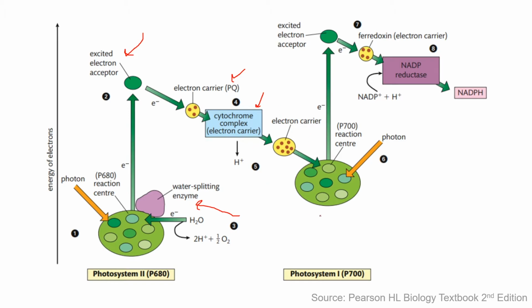The low energy electrons arrive at photosystem 1, where they are once again excited by photons and accepted by an excited electron acceptor. This time the electron carrier ferredoxin transfers them through another electron transport chain, this time containing NADP reductase, which synthesizes NADPH from NADP+.